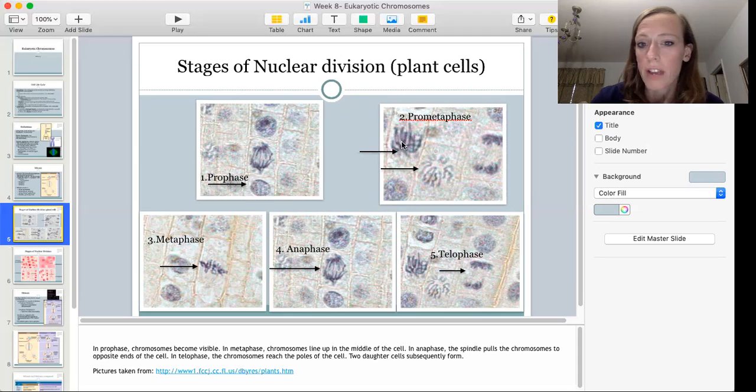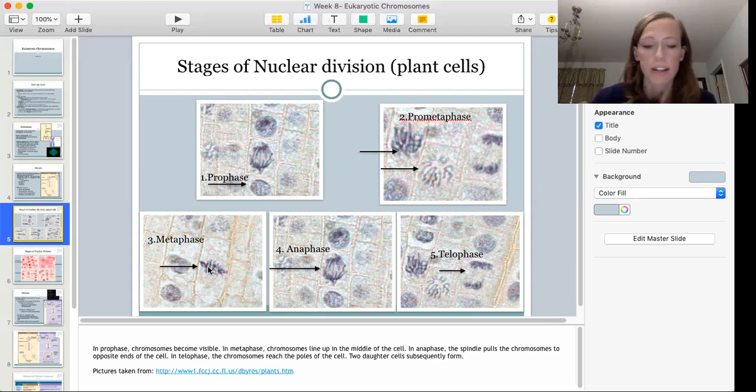But in prometaphase, you really start to see more of those chromosomes bunch up. You can see them become condensed and more visible. And you no longer see that nuclear membrane holding that material, okay? So it has progressed, and this would be another example, to the point where you can't see that nuclear envelope anymore, okay? So let's move down to metaphase.